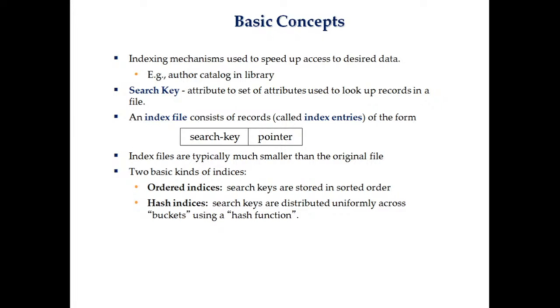In this index, some chapter information is there, for subchapters some topics are assigned, for each topic a section is defined, and for each section the page number is assigned. So the index file is a kind of file where this kind of index information is present. Two things are present here, the search key and the pointer.